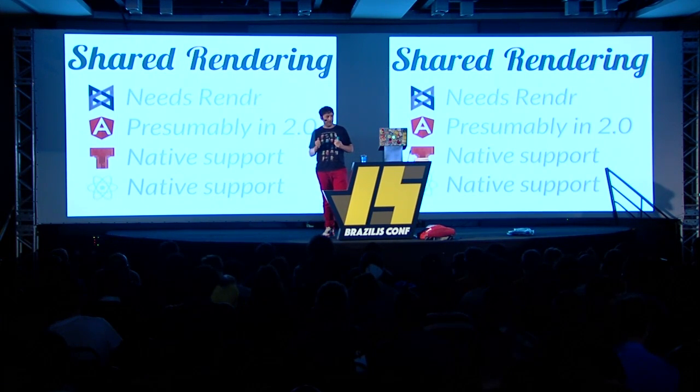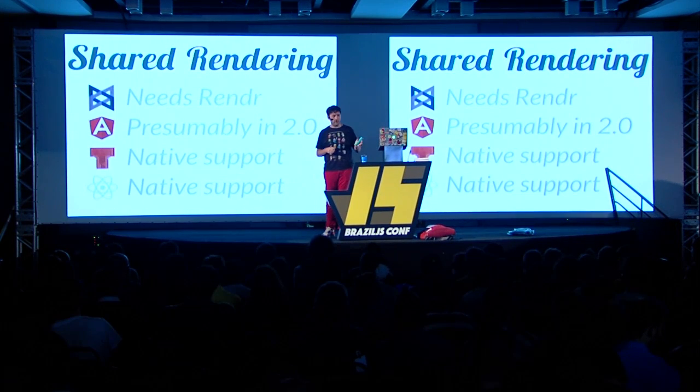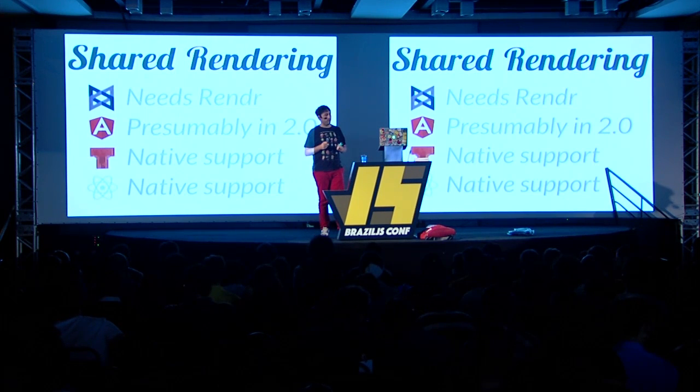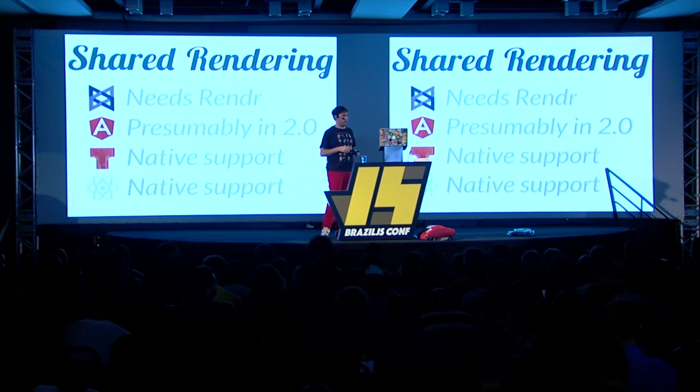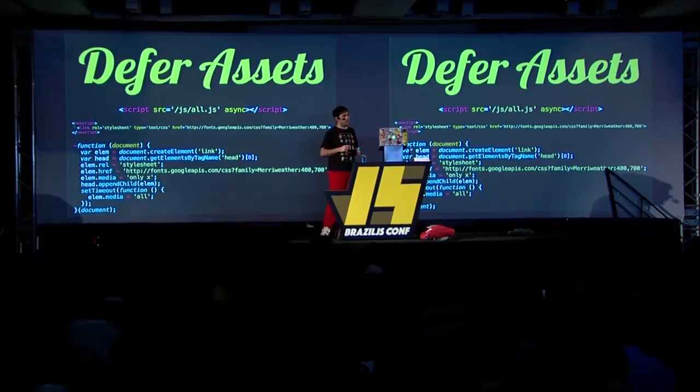Taunus is a weird library I wrote that has universal rendering support, but nobody uses it, so neither should you. And React has native support, and it's actually pretty decent, so you should use that if you care about performance at all. So yeah.